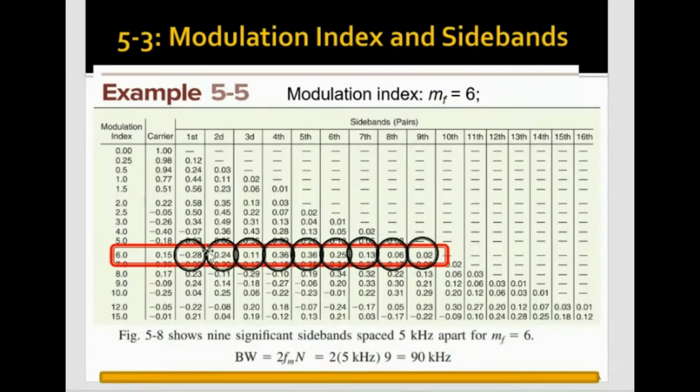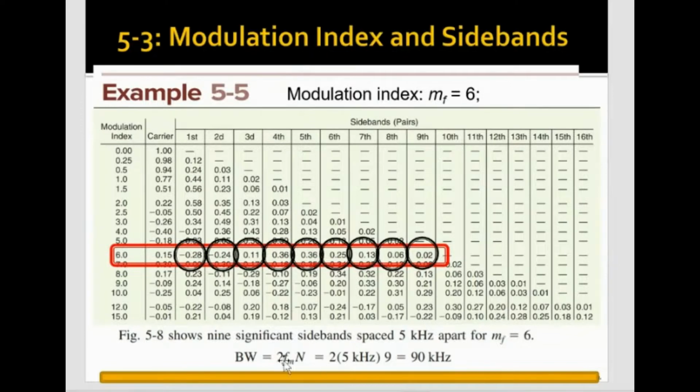Then we find how many significant sidebands we have: 1, 2, 3, 4, 5, 6, 7, 8, 9, which of course you can see from here as well. There are 9 sidebands for a modulation index of 6.